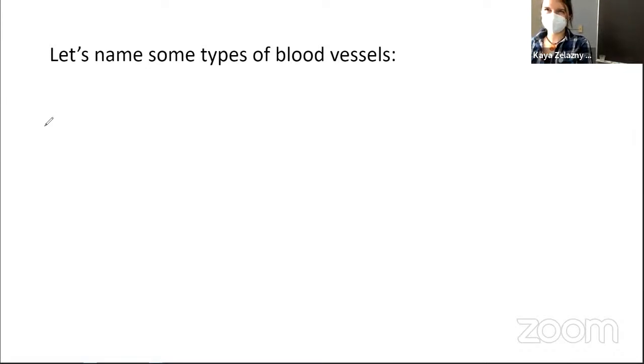So what is our largest blood vessel coming directly away from the heart? What type of blood vessel would that be? Our arteries, yep. So from the arteries, what are we going to branch out into? Yep, arterioles. When we see that ending, eoles, that should indicate to us that we're thinking about something smaller.